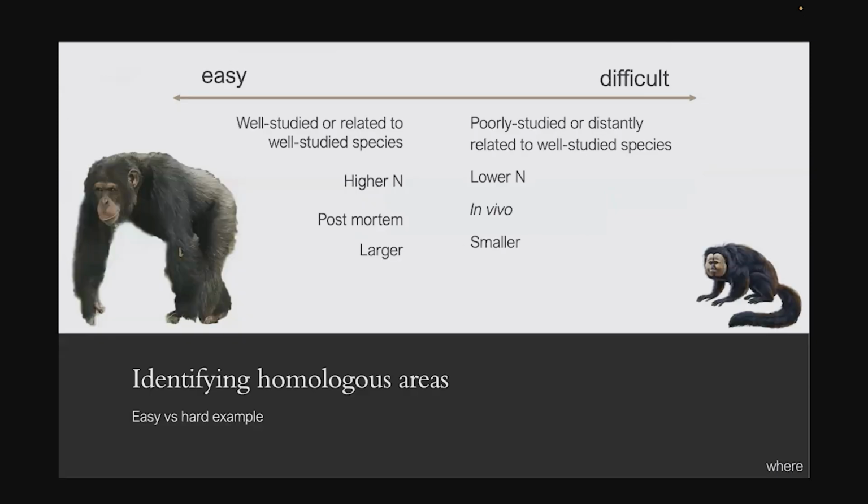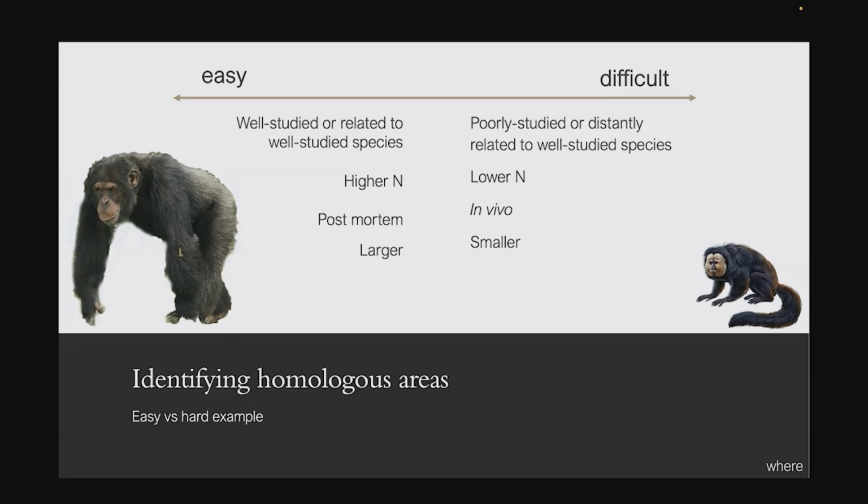Another thing to keep in mind is what can be more challenging or less challenging when it comes to the species that you've chosen. If you pick a species that's better studied, of course, that will be easier. If it's a species that's related to species that are better studied, it will be easier. So if you have an Old World monkey that's a similar size to a macaque, you may not have to do too much work to identify homologous landmarks.